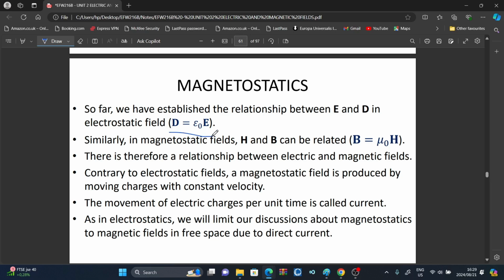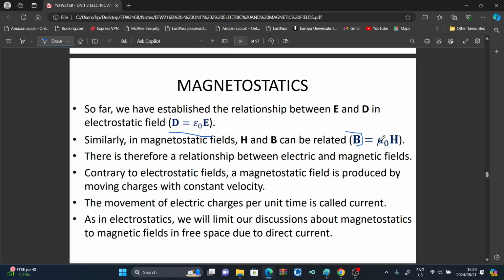The formulas are a bit different, but they are almost the same. Electric field is calculated like this. Then our magnetostatic field, or magnetic flux density, is calculated with B. As you can see, there is a change. The constant for the electric field is epsilon naught, then the constant for the magnetic field is mu naught.